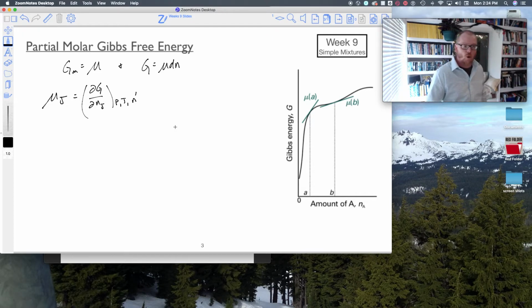So, of course, then I could write the total differential for G in my mixture. If, let's say, I'm mixing A and B, back to just another simple example, okay?